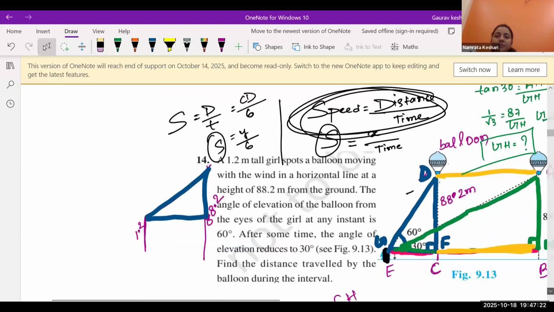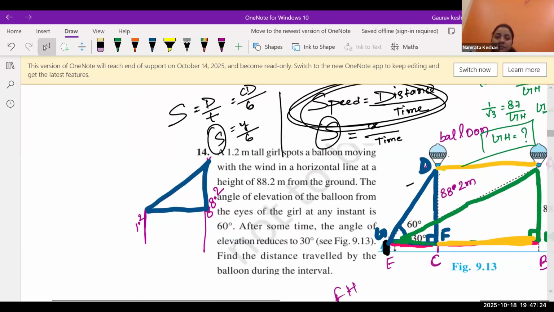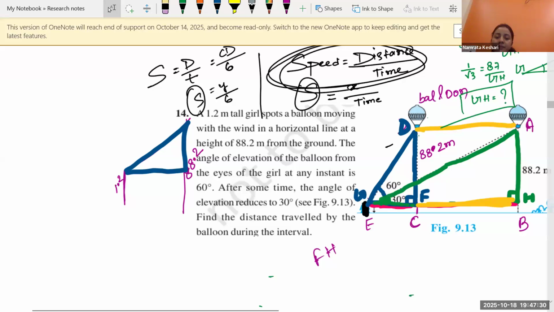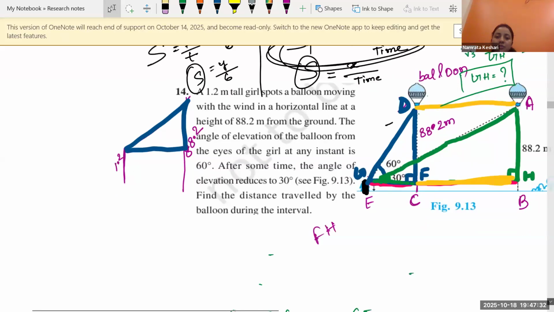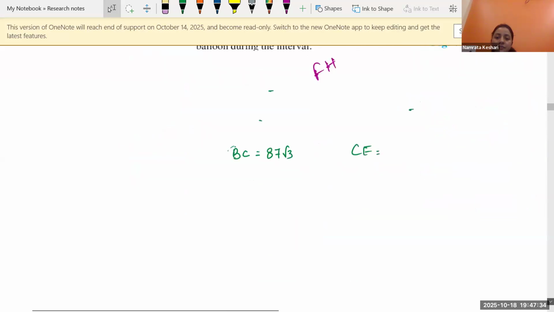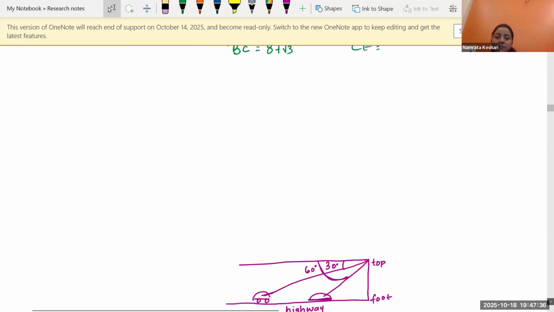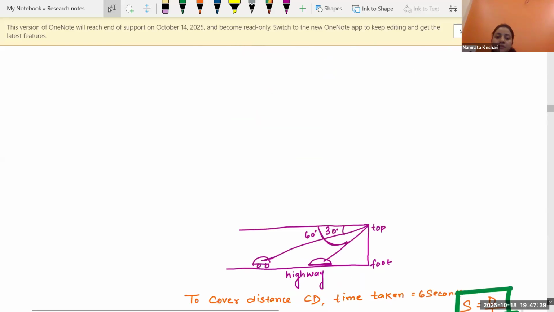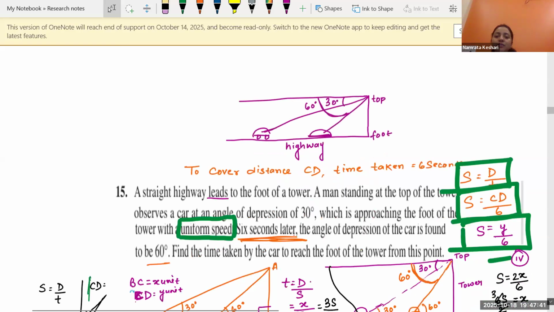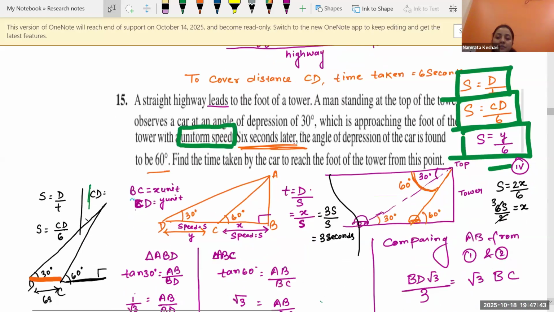Have we? The balloon one. Yes or no? Yes, ma'am, we did. Okay, so 14 also done. 15, you will be drawing the figure. Please draw the figure.